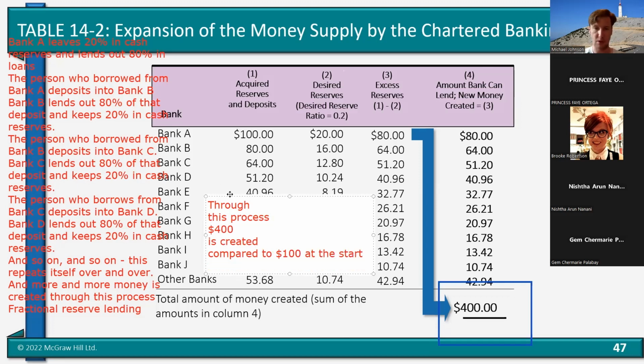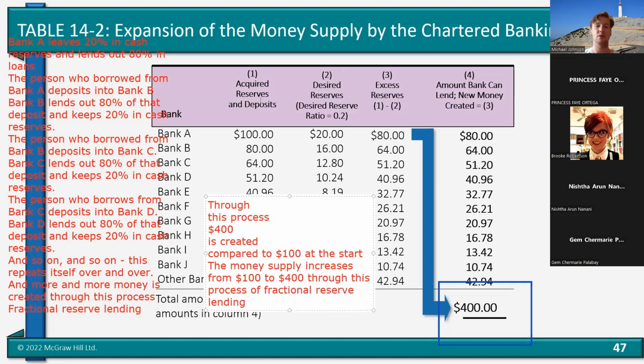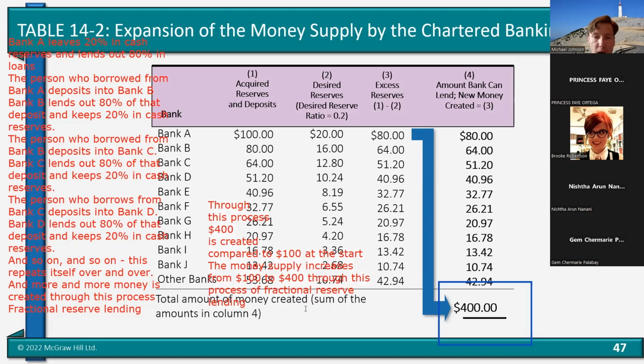So the money supply increases from 100 to 400 through this process of fractional reserve lending. It's a pretty crazy process how this happens.